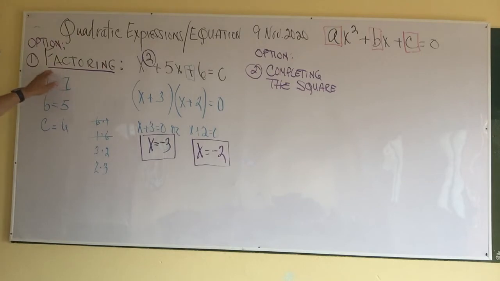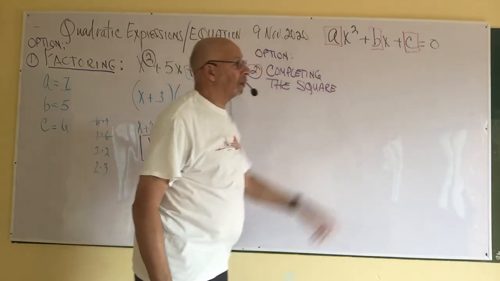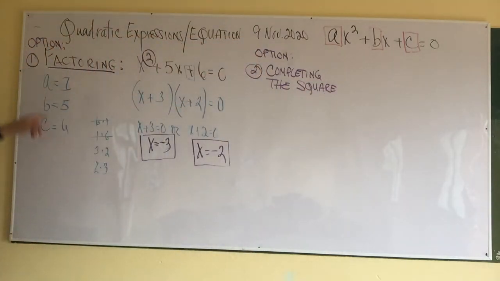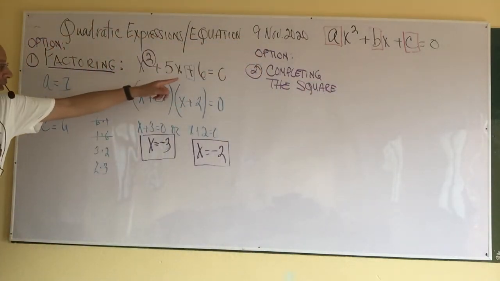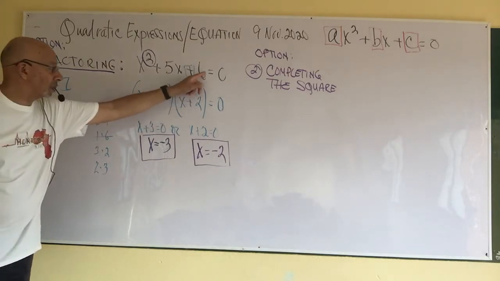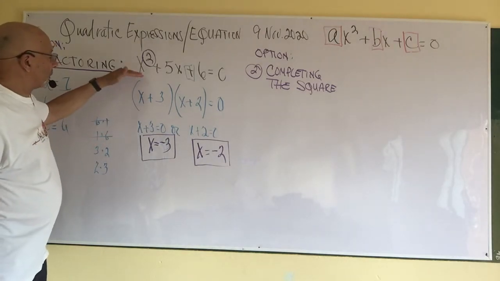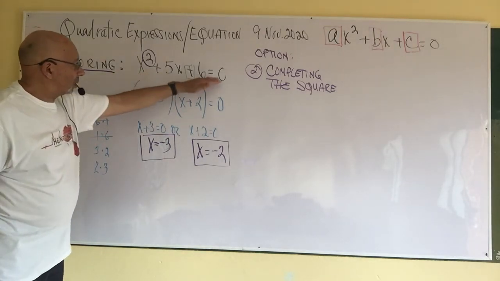If we apply this standard form, you would see that in the equation we have here, a is 1, b is 5, and c, the constant, is 6, with no variable.